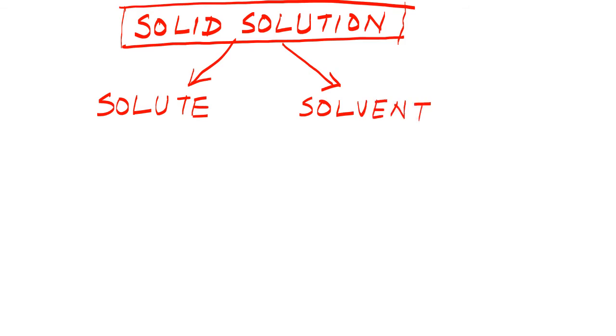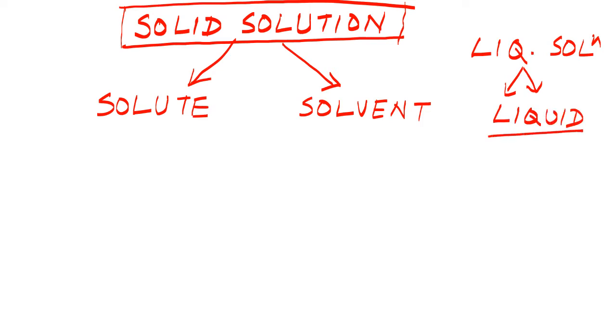If we are talking about a liquid solution, both the solute and solvent are liquid. But here, as we are talking about a solid solution, both solute and solvent will be solid.